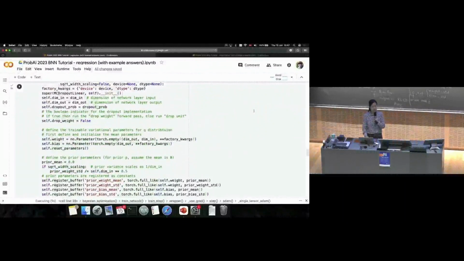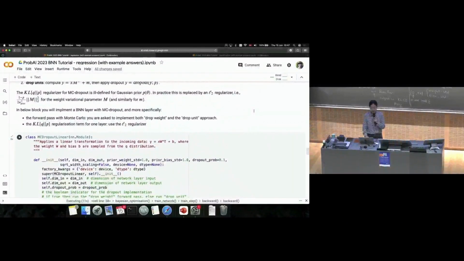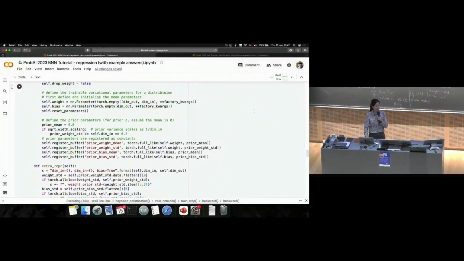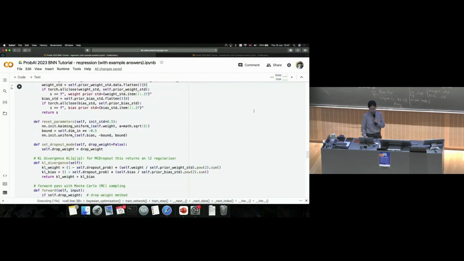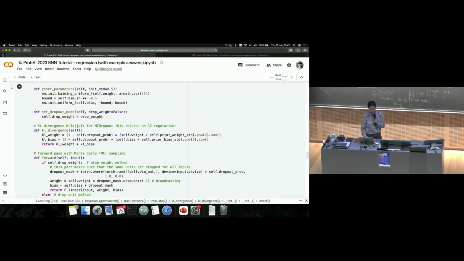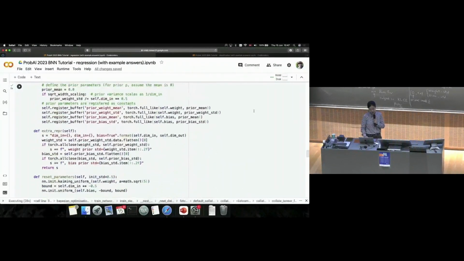So in the interest of time, we can have a look at the MC Dropout method, because that's the part that you have tried some implementation, right? Dropout is actually not too difficult to implement in terms of how you do it.